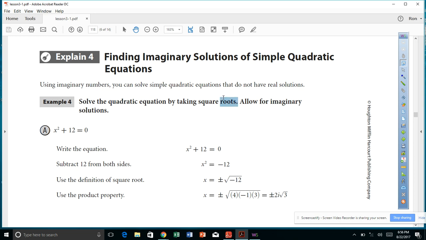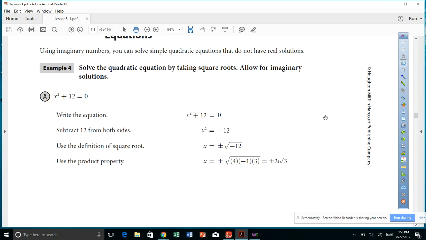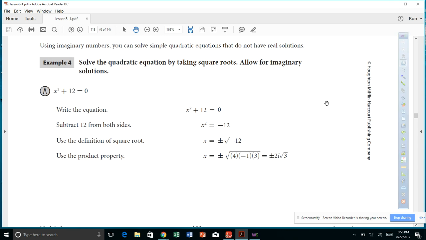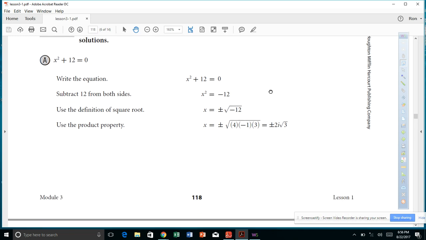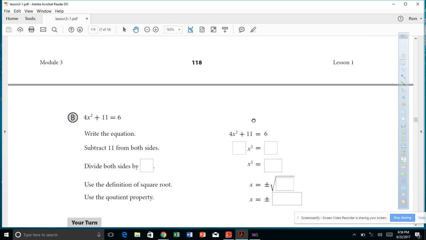Finding imaginary solutions of simple quadratic equations. Using imaginary numbers, you can solve simple quadratic equations that do not have real solutions. Solve the quadratic equation by taking square roots. Allow for imaginary solutions. I'll let you do A, and then when you come back, we'll do B together, okay?